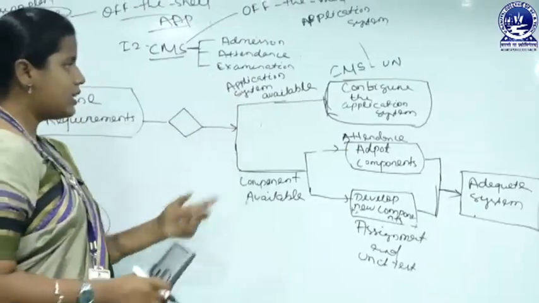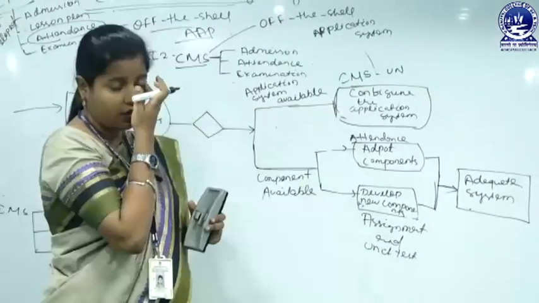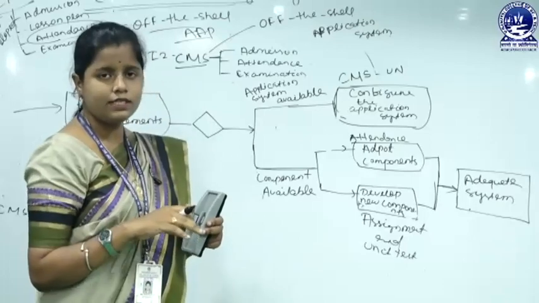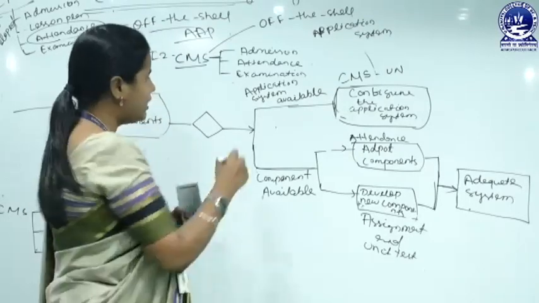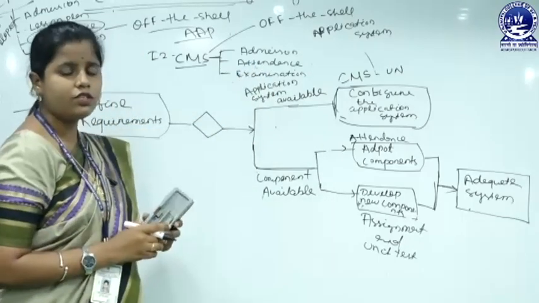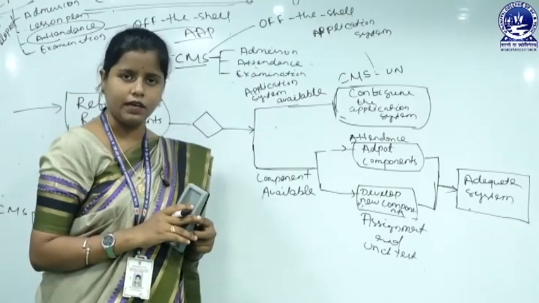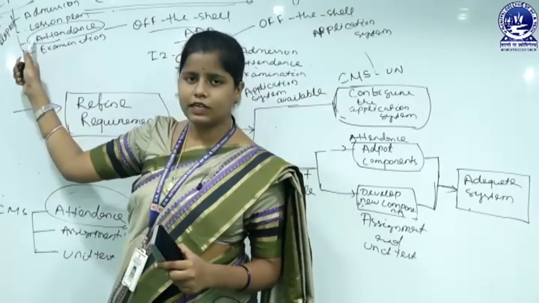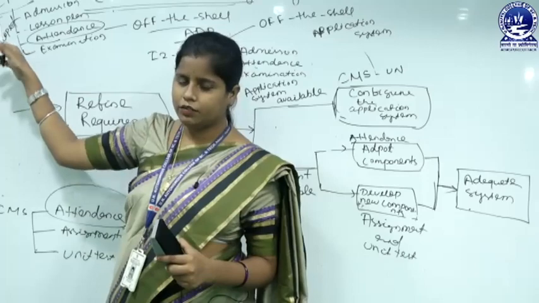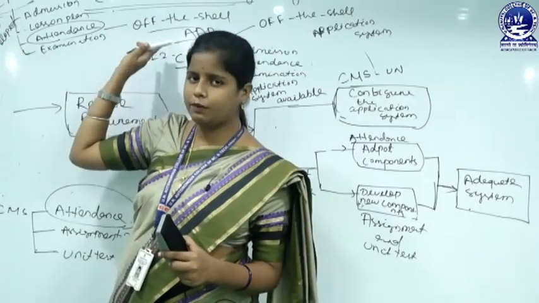In both cases, this is our output, where we can adapt the whole system by making some changes, like here the lesson plan is not required. So, we have to delete the lesson plan. In case of the college management software, we have to copy all those things and delete the lesson plan.